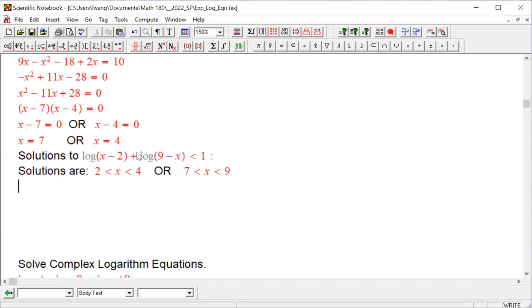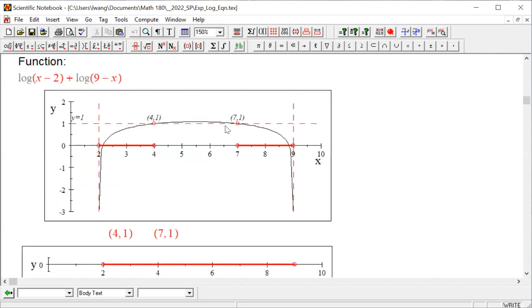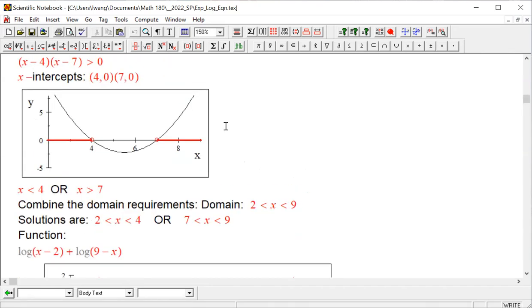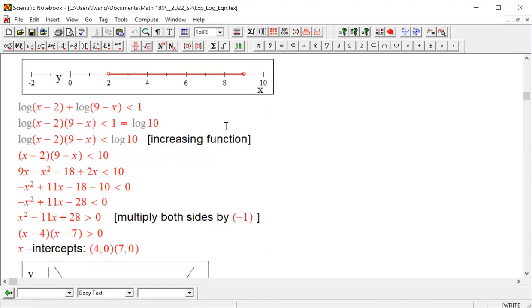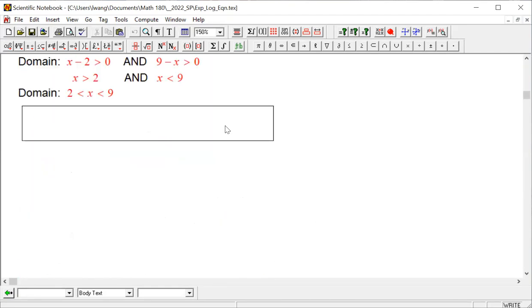So let's see if we should do another inequality. Okay. Let's do another inequality. This is going to be exponential. And this will be example number 8. Right? Is this number 8? I think so. 7, 8, right?